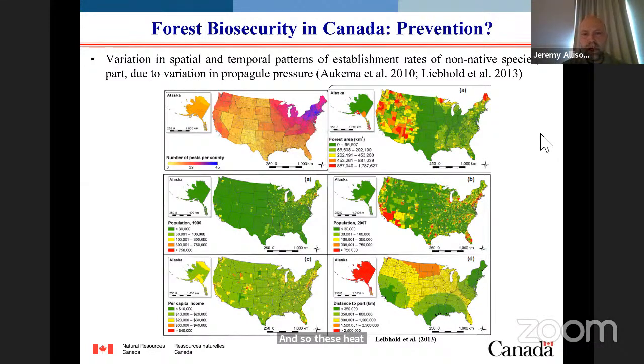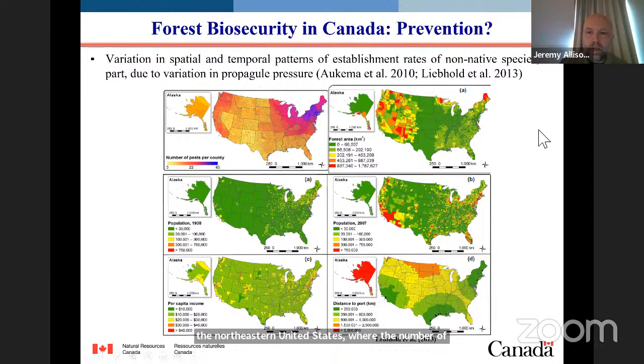So the first image that you see in the top left shows the number of pests per county in the area. And as you go from yellow through red, through purple into blue, the number of pests are increasing. And what you see is a fairly clear transition towards the northeastern United States, where the number of pests are highest.